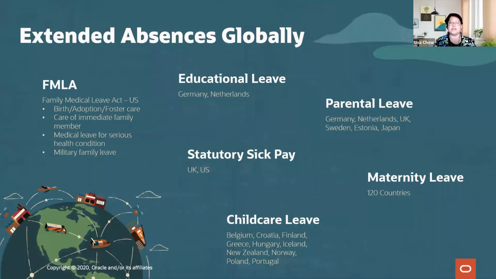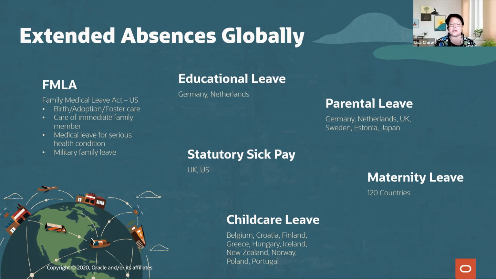There are a lot of different types of extended absences that are legislated globally. We have things like FMLA in the US, which most of us are familiar with, and also statutory sick pay, parental leave, maternity leave, childcare leave, and educational leave.